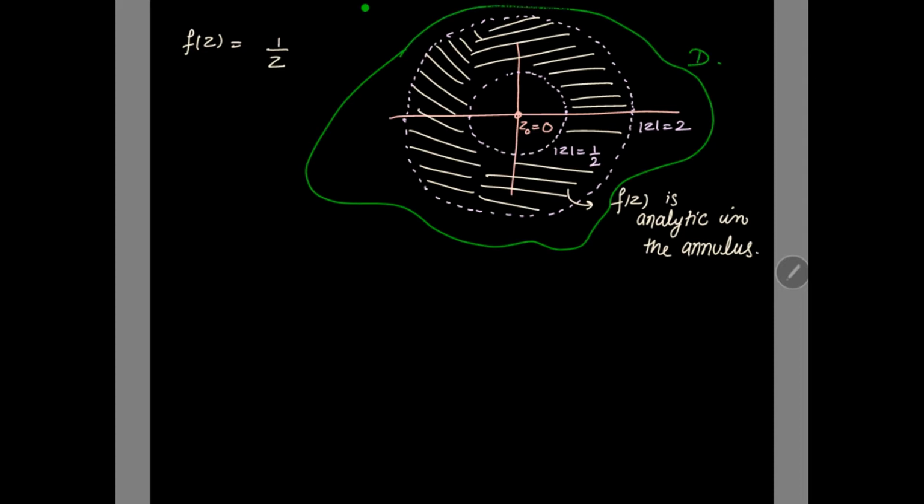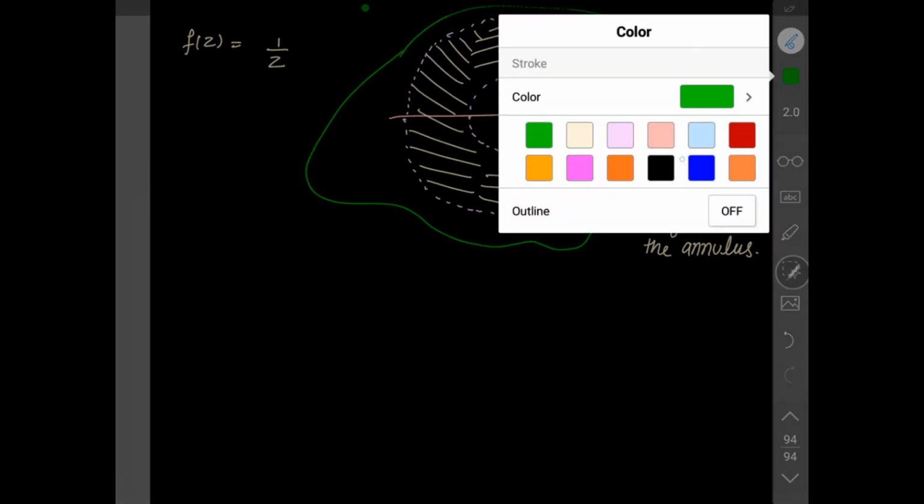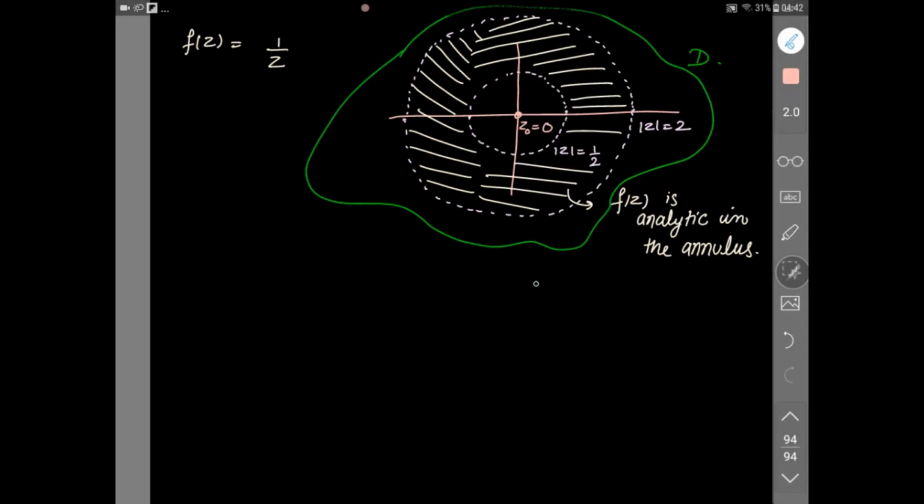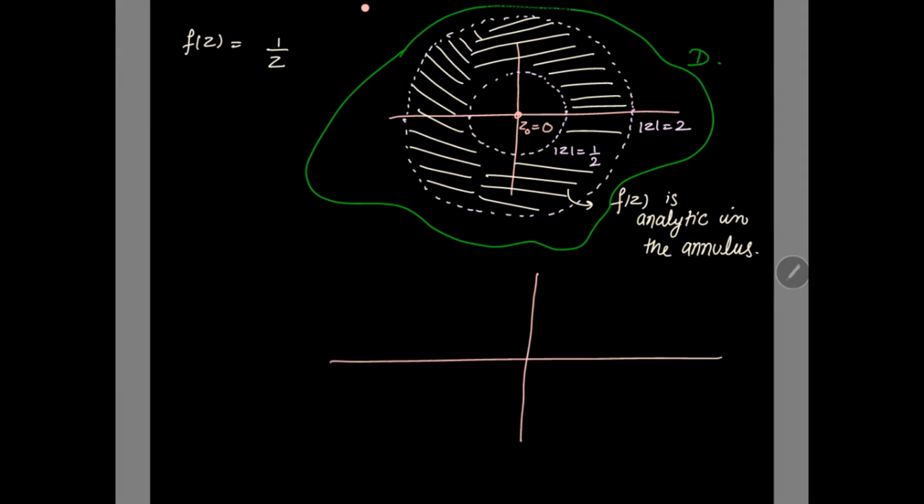Now what is the value of this function now? Let's draw one more circle. Is the domain simply connected? No, it is now multiply connected. This is the origin where the function is not analytic.